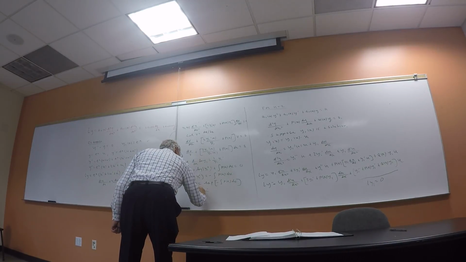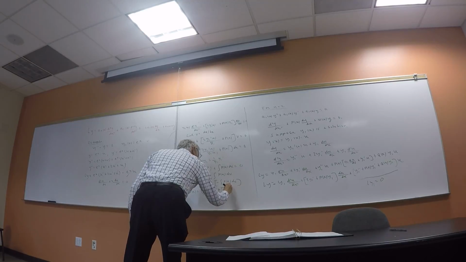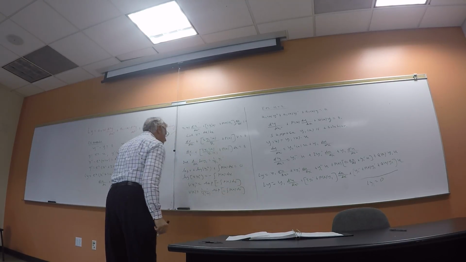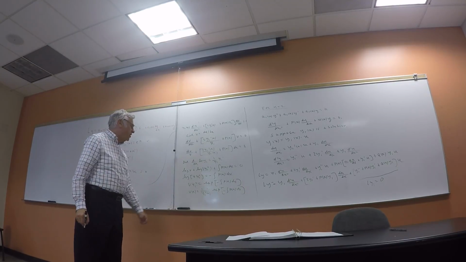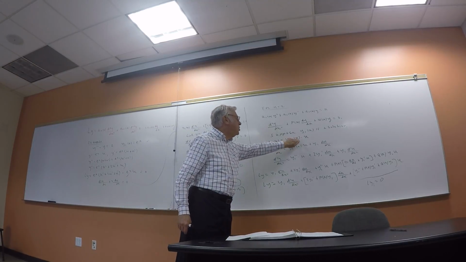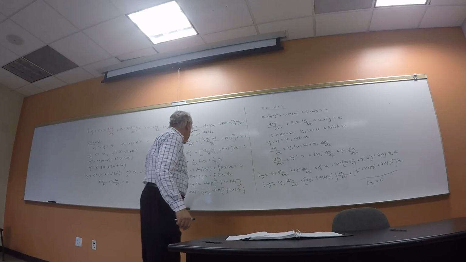I get 1 over y1 squared of x, which I know. See, everything on the right-hand side is known. Exponential of minus the integral of p of x dx. One more step and we're finished. We have to get u, right? Because the solution was u times y1. So let's get u, multiplied by y1, and then we have our second solution.